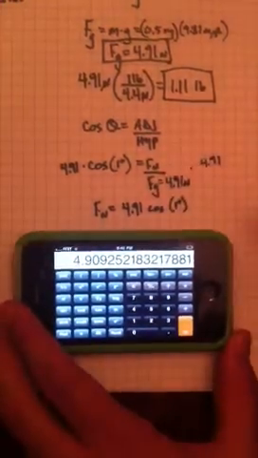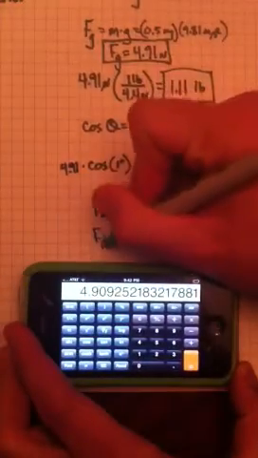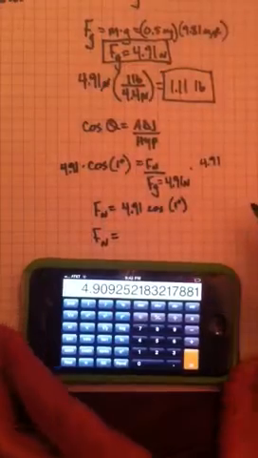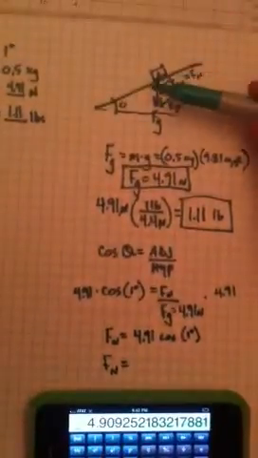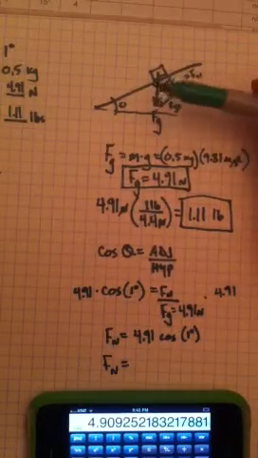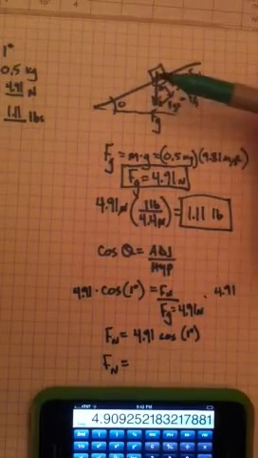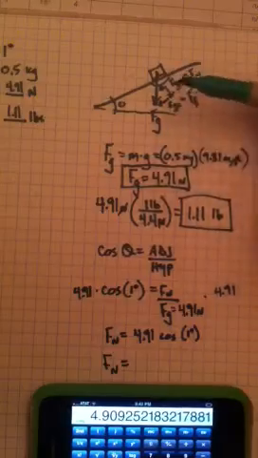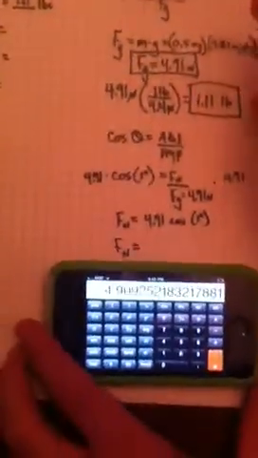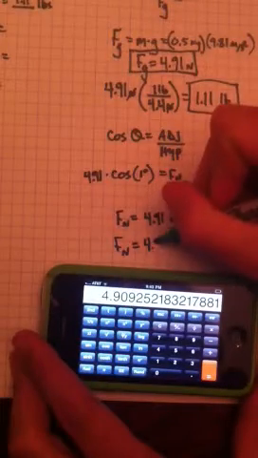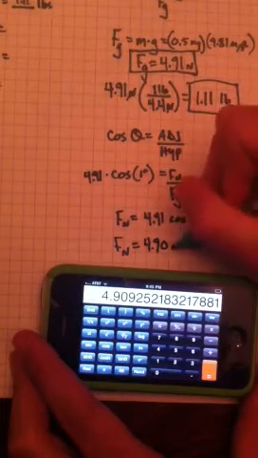Let's call it 4.90 for the sake of this. So what you're going to see here is that since it's only 1 degree, and this should start to make a little bit of sense now, it's basically just like those initial problems where all of the force of gravity is pushing into the board, because there's not much lift on that board yet at all. So let's just call this 4.90 newtons.